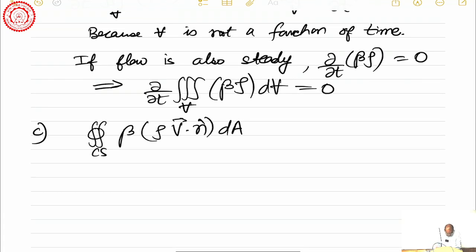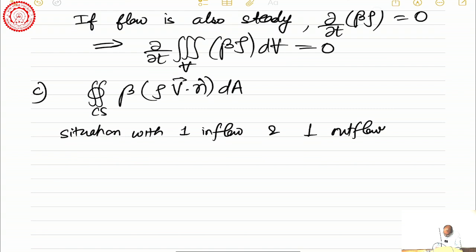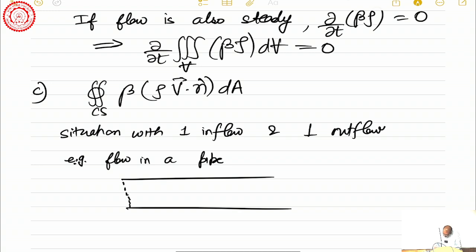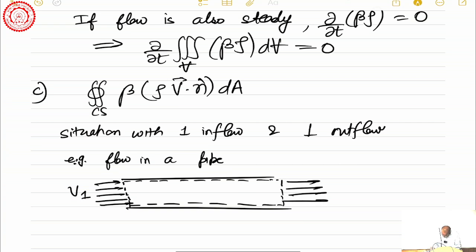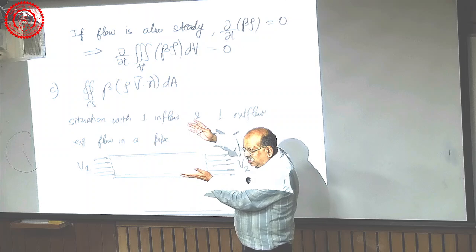Here, if we have a situation like this, flow is coming in a pipe, the area may or may not be the same, it could be converging, it could be diverging.